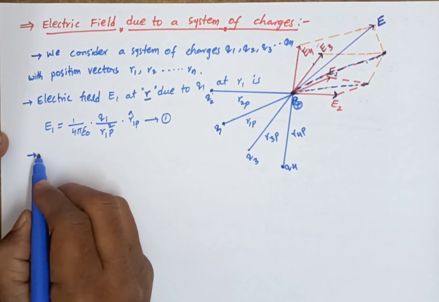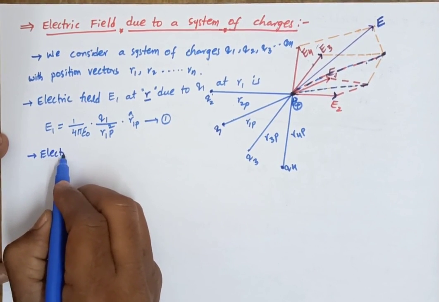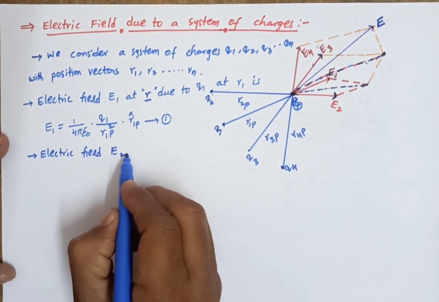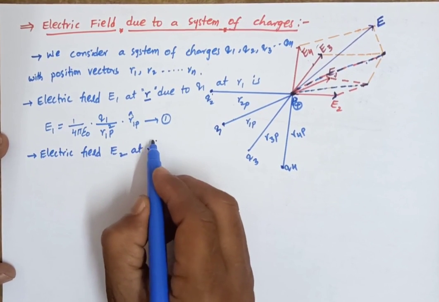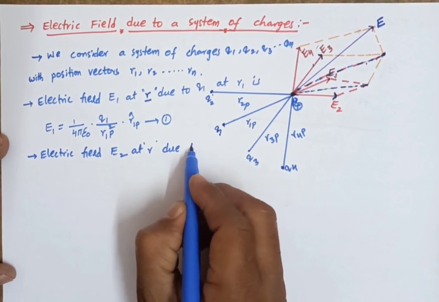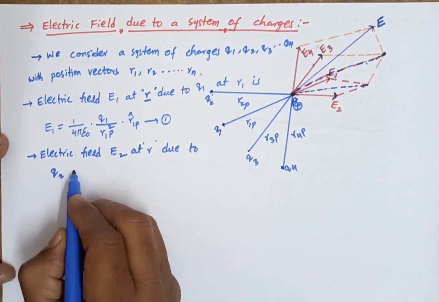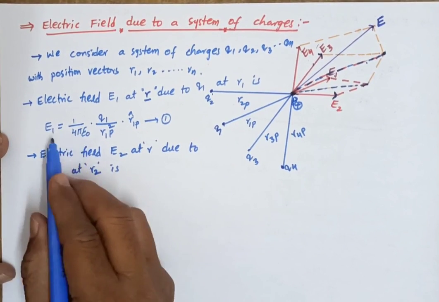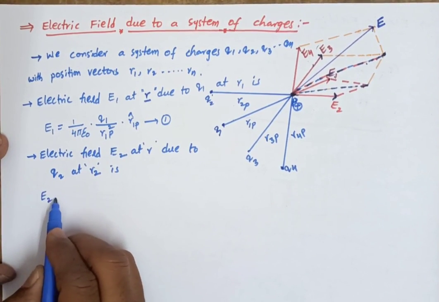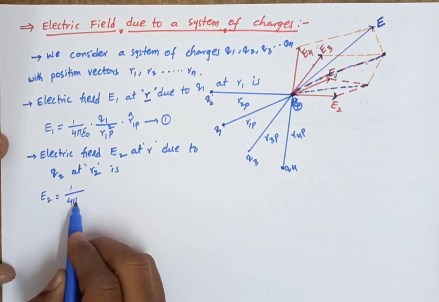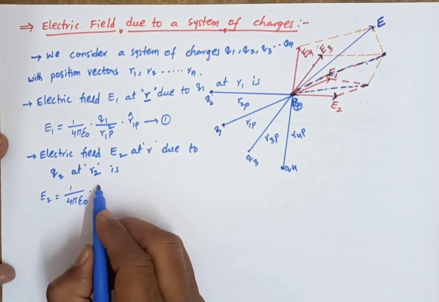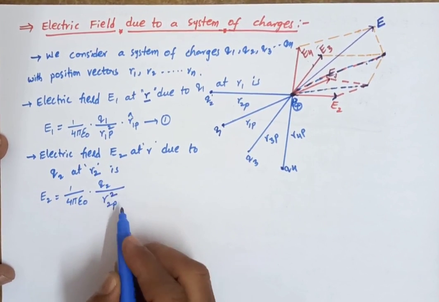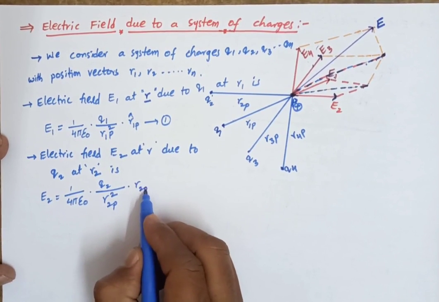Next, the electric field E2 at R due to Q2 at R2 is E2 equals 1 by 4 pi epsilon naught into Q2 by R2P whole square into R2P cap.